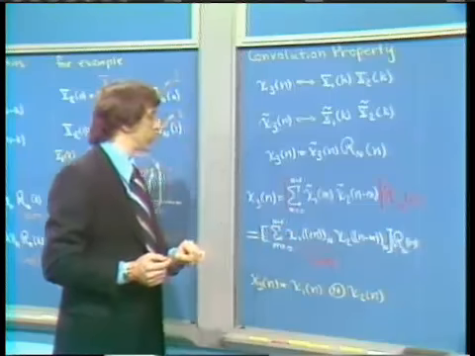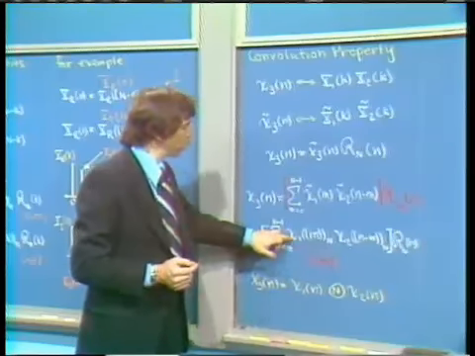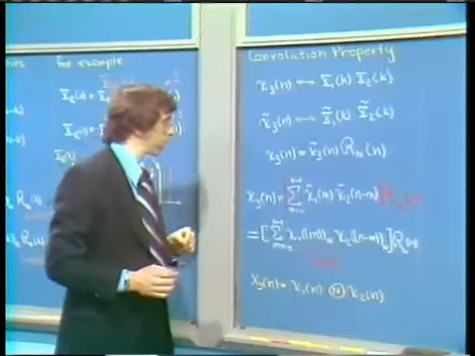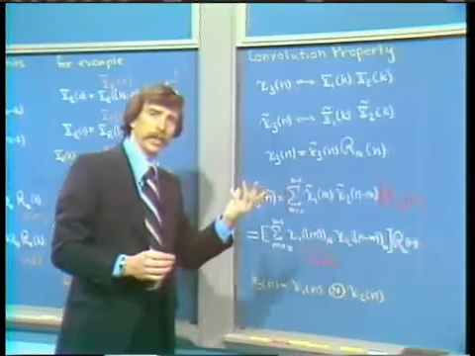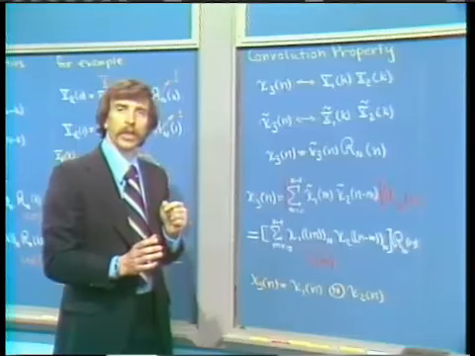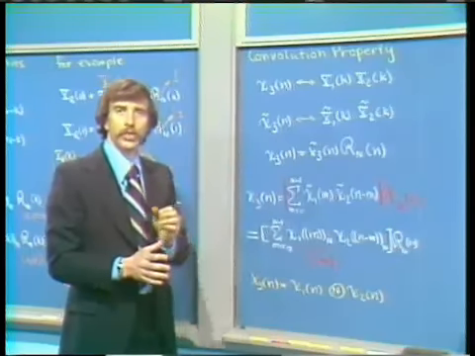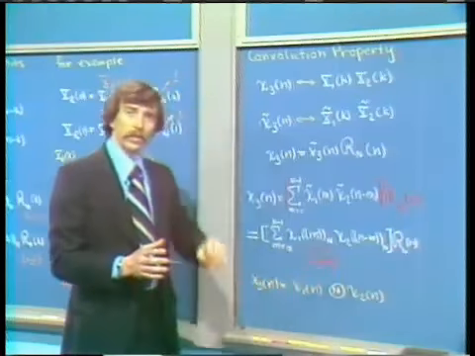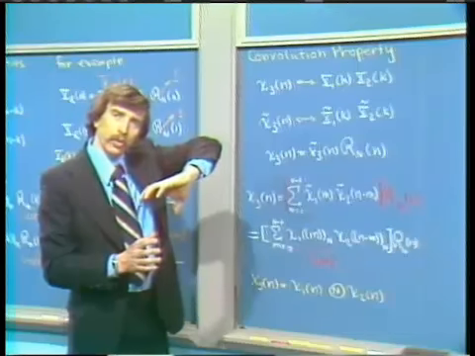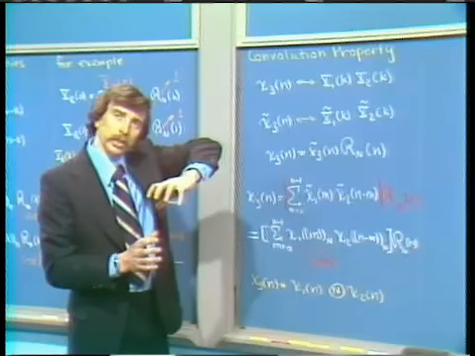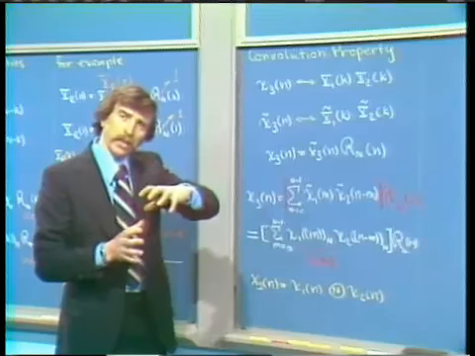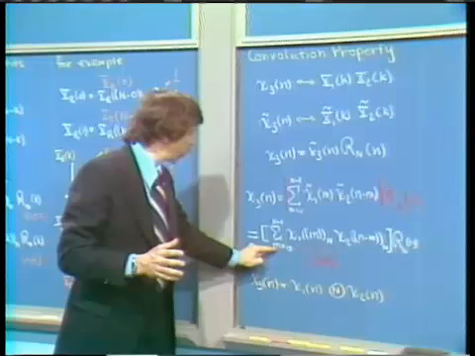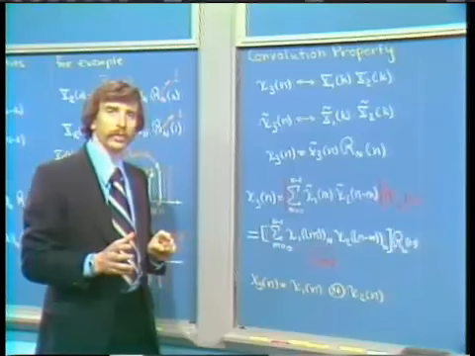The circular convolution basically corresponds to wrapping one of the sequences around the circumference of a cylinder, taking the other sequence, flipping it, wrapping that around the circumference of another cylinder, putting the two cylinders inside each other, and then the shifting, as we change the value of n, can be thought of as rotating one of the cylinders inside the other, multiplying the sequence values together, and then adding that product around the cylinder, that is, adding from m equals 0 to capital N minus 1.